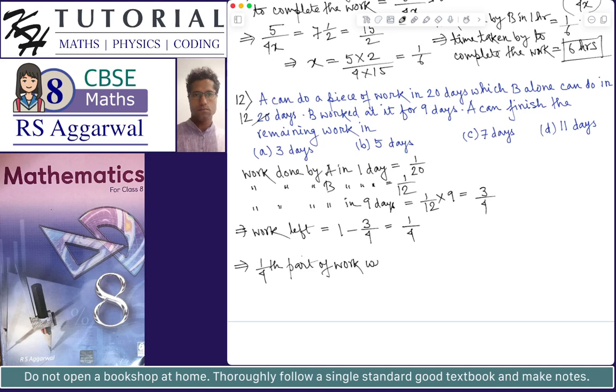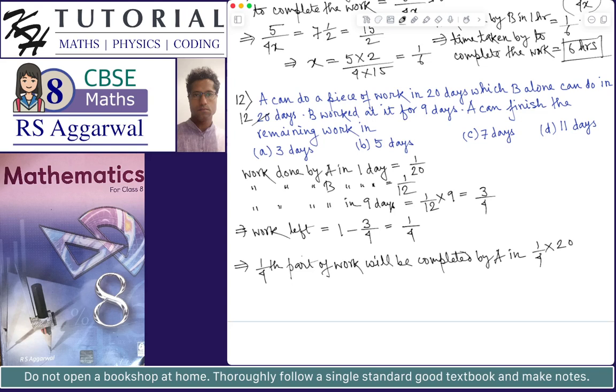So the 1/4 part of work will be completed by A in 1 by 4 multiplied by 20. Why?